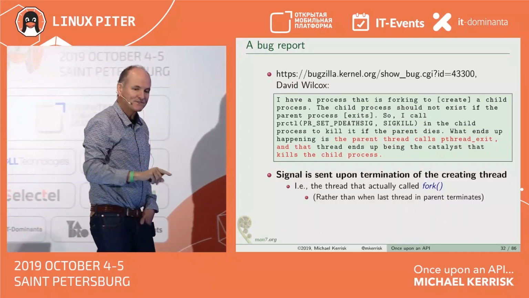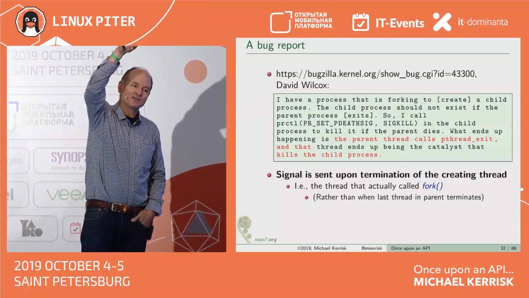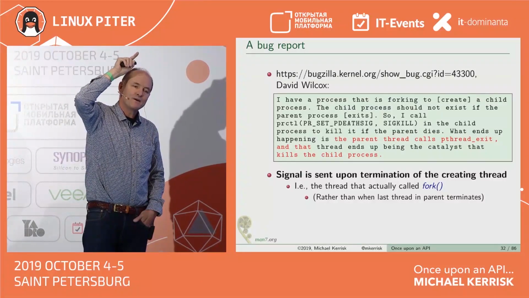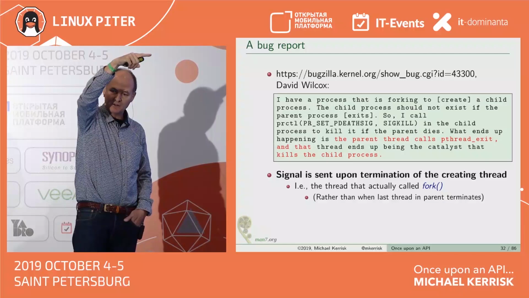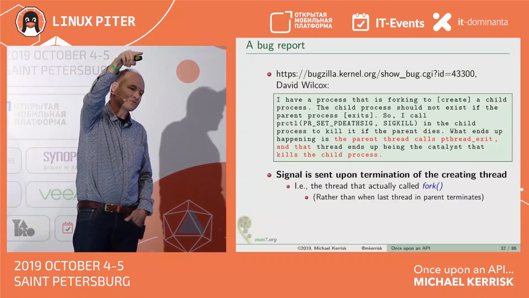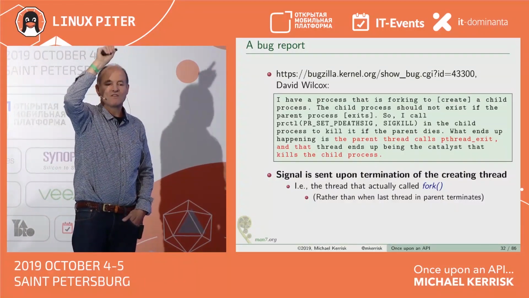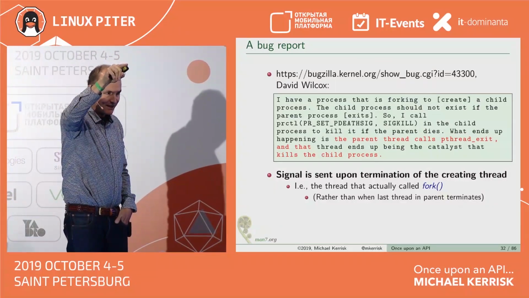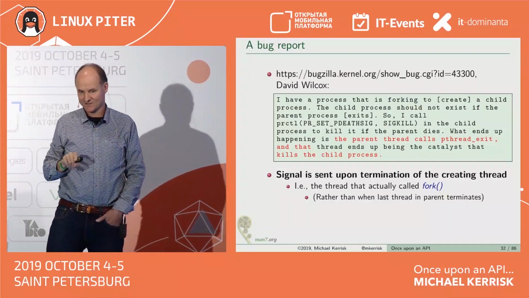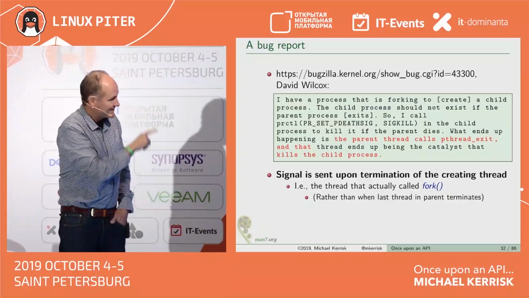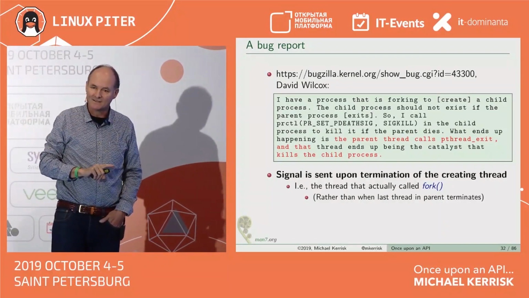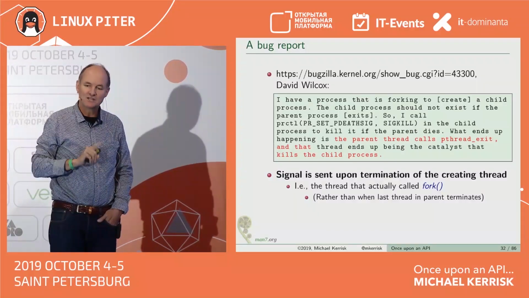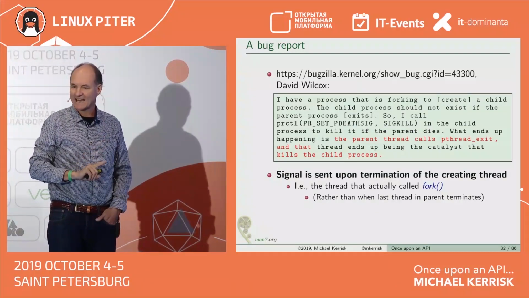Instead, what happens is the child gets a signal when the creating thread terminates. In other words, there's a multi-threaded process. One of those threads called fork. When that thread happens to terminate, then the child gets a signal. Okay? And this person's reasonably saying, that's not what I expected. I expect process termination to mean termination of the last thread.